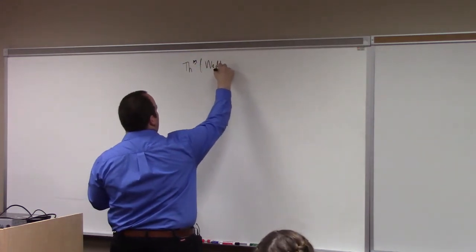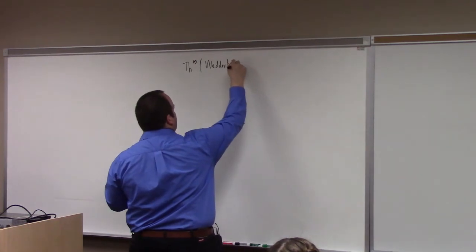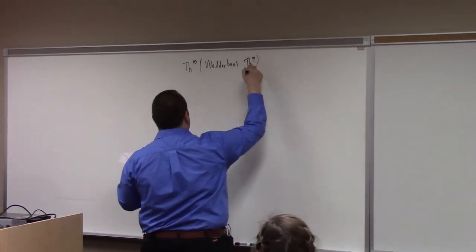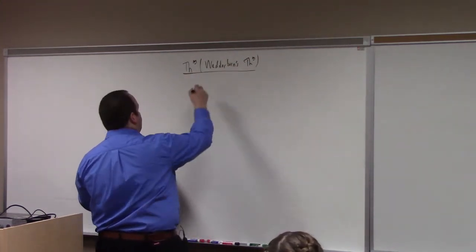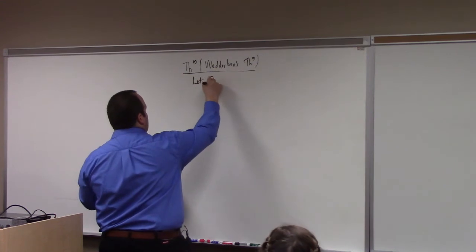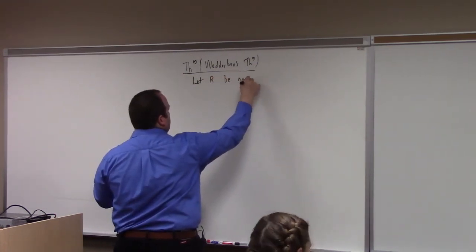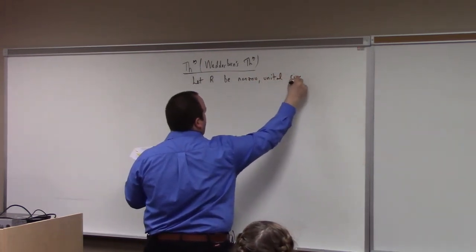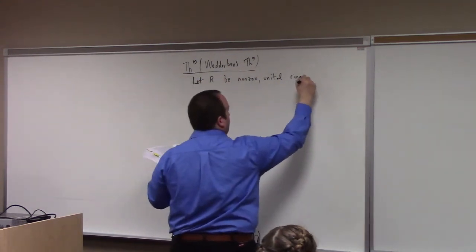I became aware of this theorem as I was working with some students on the associative calculus research I've been doing the last couple of years. Became aware of this early on, actually. Here it is. Let R be a non-zero unital ring, not necessarily commutative, then the following are equivalent.